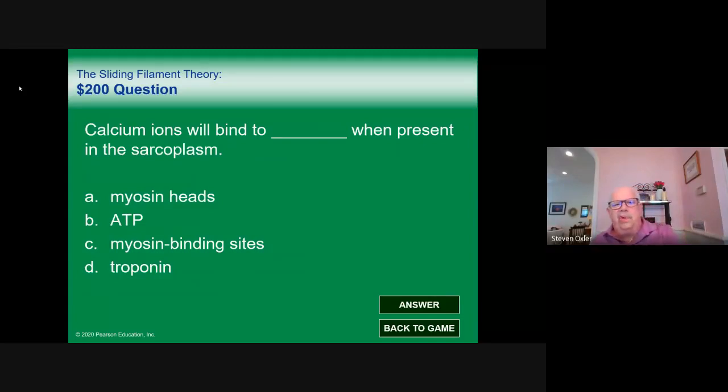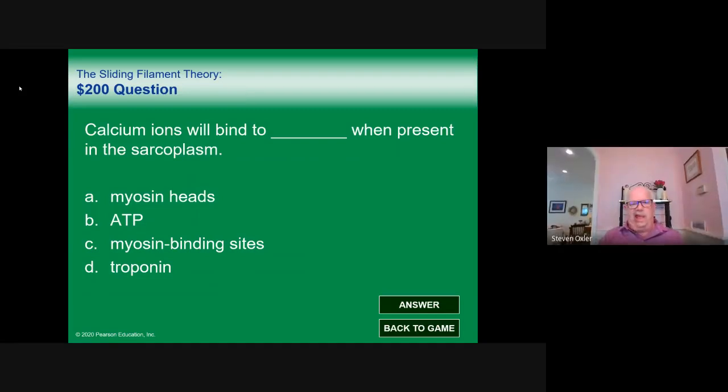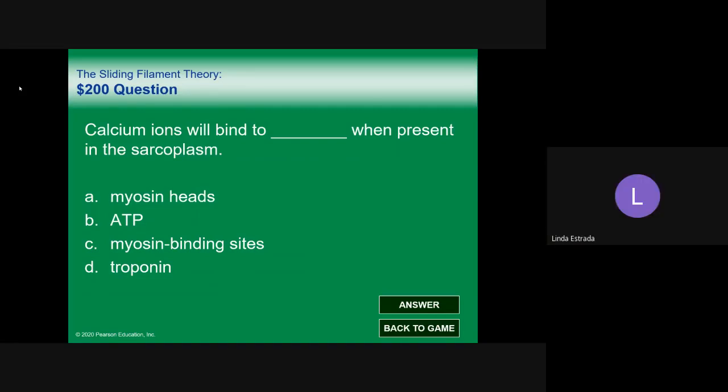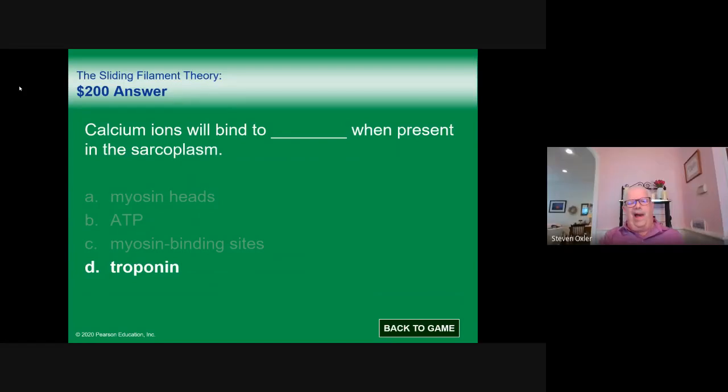Calcium ions will bind to blank when present in the sarcoplasm. Myosin binding sites. You think that's the answer? That or A. I think if they bind with the regulating proteins, because that's how they regulate the sliding filament. Okay.